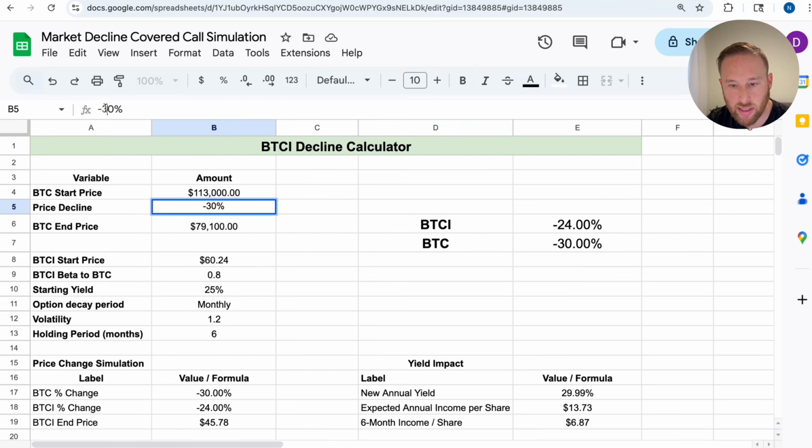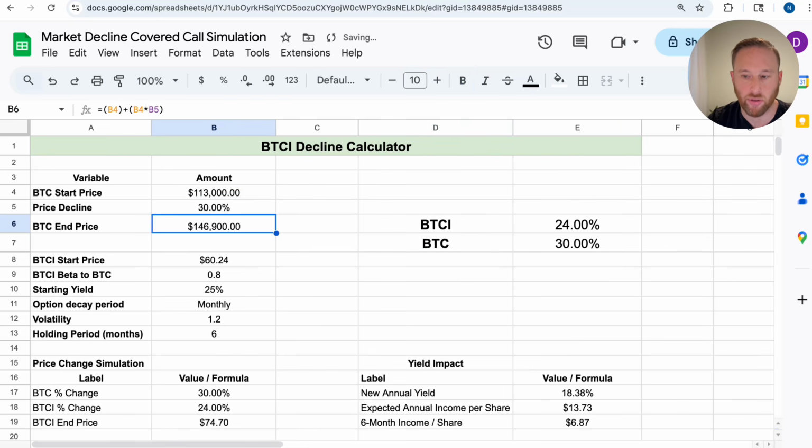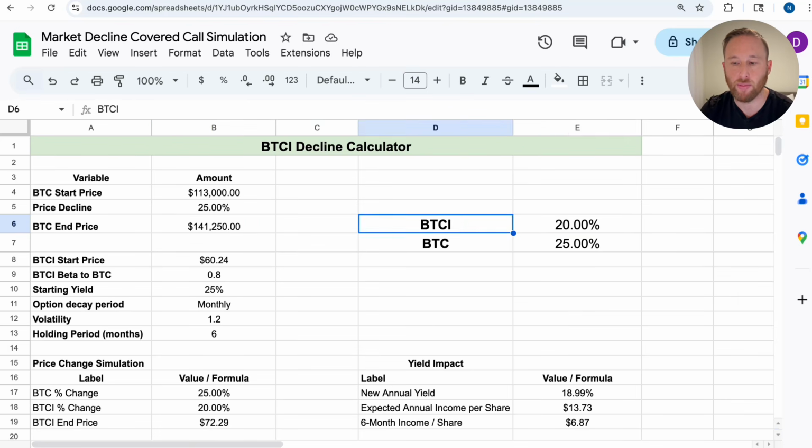But on the way up, let's say we change this to positive 30%. It's the same story in an inverse, right? Let's go with a 25% increase, right? In the same vein, on the way up, you will not see as much upside, but on the downside, you will be more protected, right?